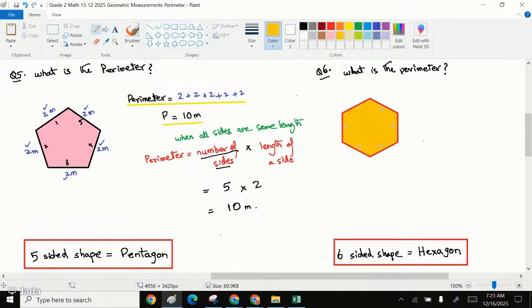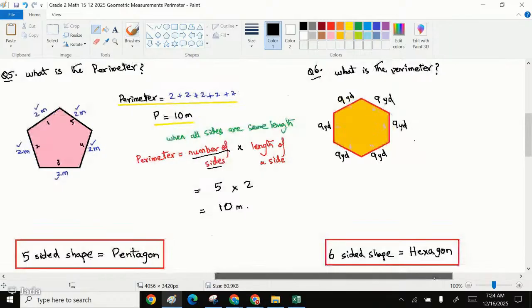The question says, what is the perimeter when the hexagon has each side of length 9 yards? This is 9 yards, 9 yards, 9 yards, 9 yards, and 9 yards. So how can we find the perimeter?